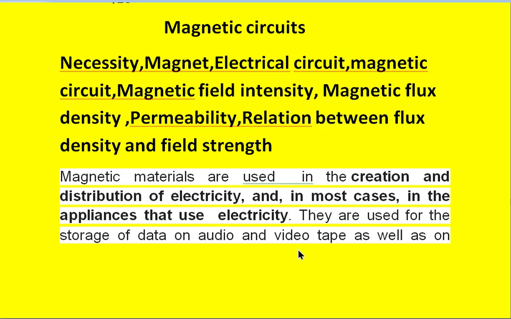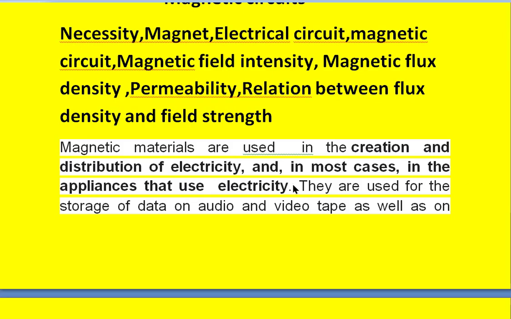So the magnetic materials are necessary for transferring the power from one place to the other. Similarly, in most cases, the electrical appliances which use electricity also need magnets or magnetic materials.